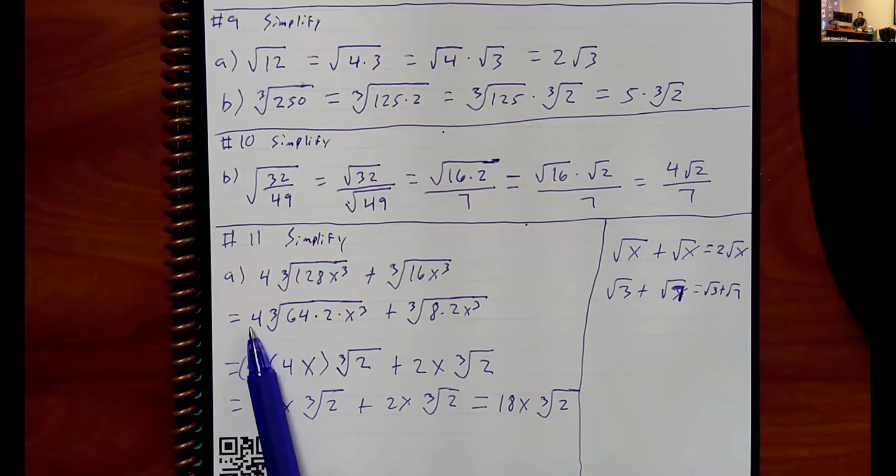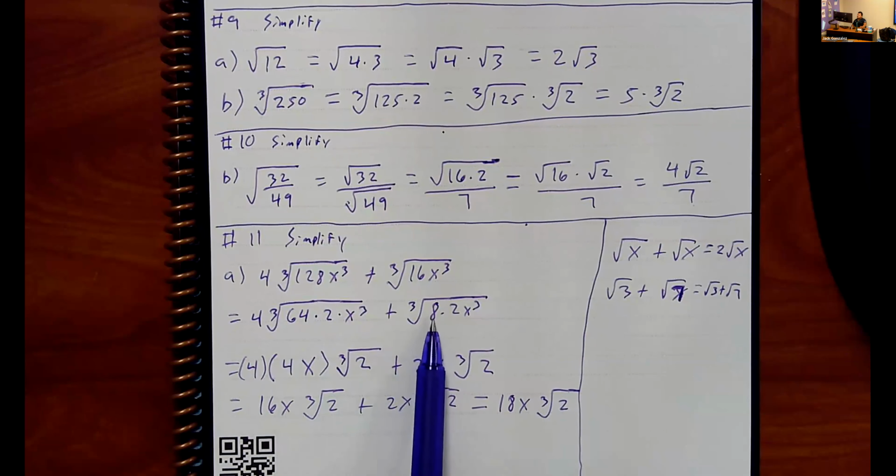Right, this 4 was already there. 64 comes out as a 4. X cubed comes out as an x, and then you just multiply 4 times 4 times x. You get here. This comes out as a 2. This comes out as an x. 2 times x is just 2 times x. It leaves the inside, right?